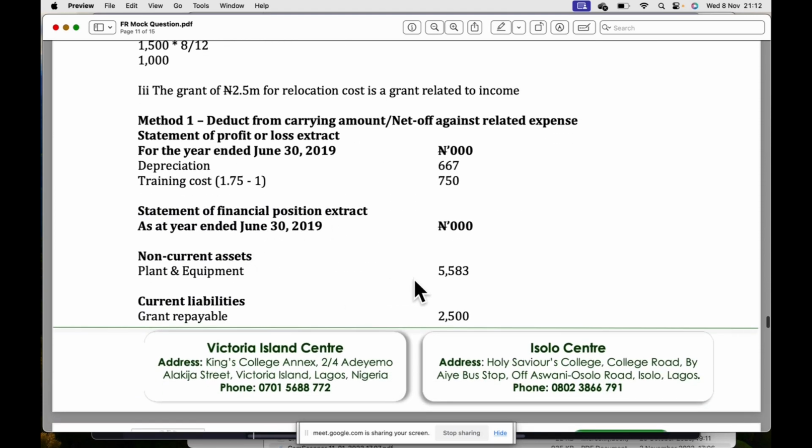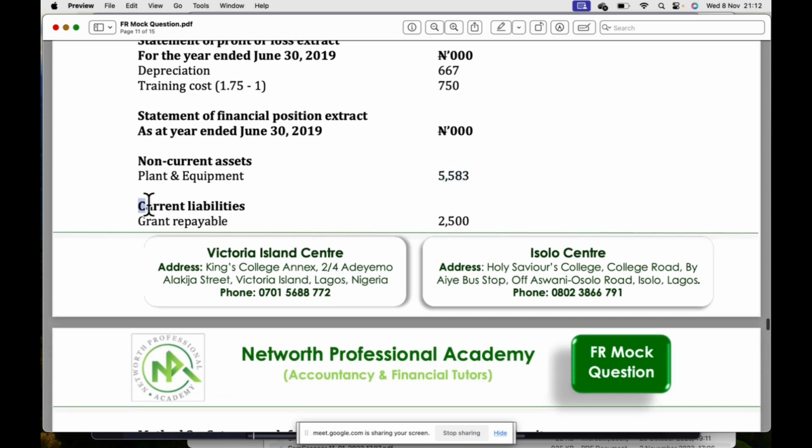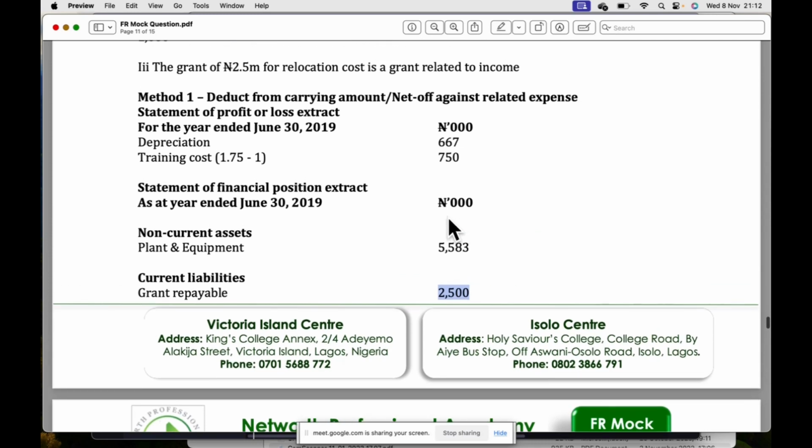So I have my 5583. Then my liabilities. Remember, that's note 3, that grant in which they did not meet the condition. I have to put it as grant repayable. And it's a current liability because they need to repay as soon as possible. And that's 2,500. And that is it. That is all for method one.